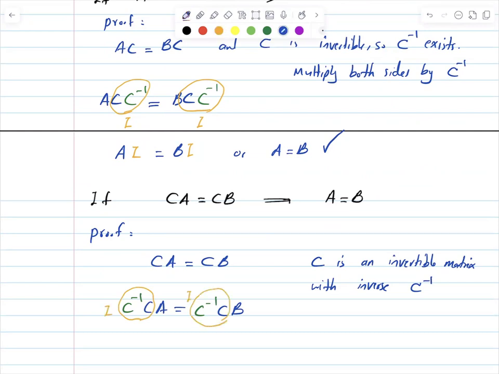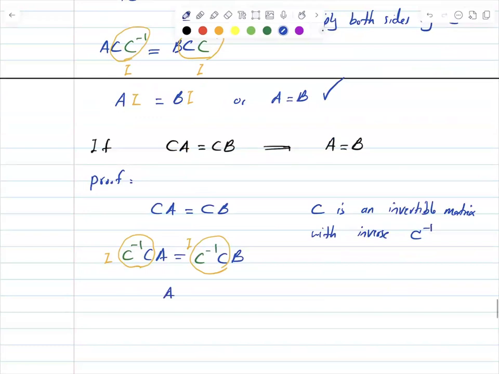So A is equal to B. This is the cancellation method that you can apply here. You need to have an invertible matrix to do that.